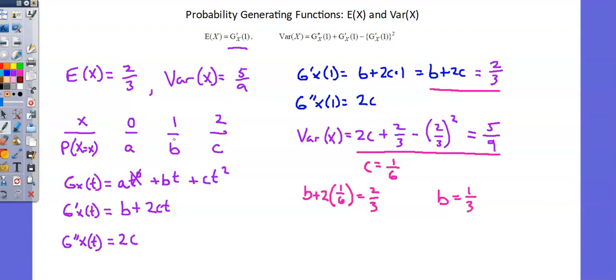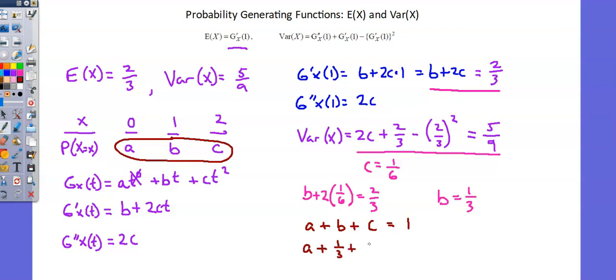And now we want to take the understanding that the sum of all probabilities, our three probabilities A and B and C, A plus B plus C will always equal 1. So A plus the B we've solved for of 1 over 3 plus the C we've solved for of 1 over 6 equals 1.